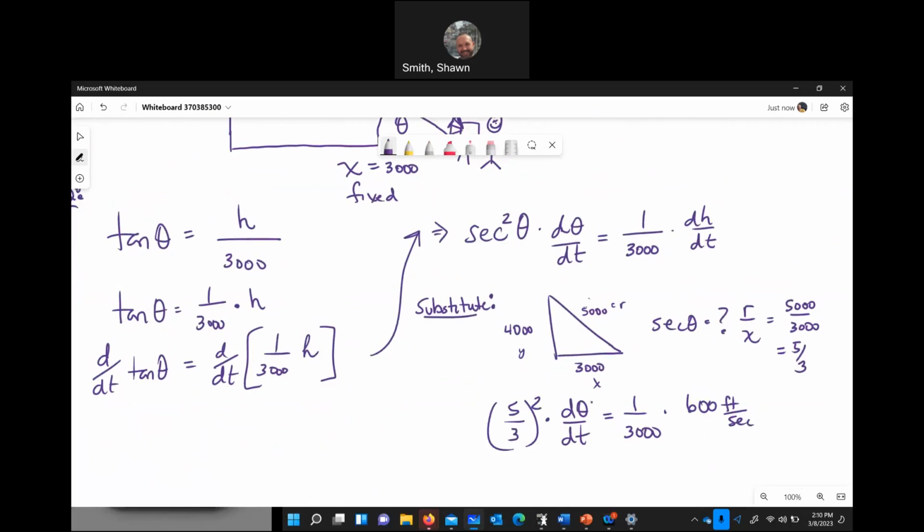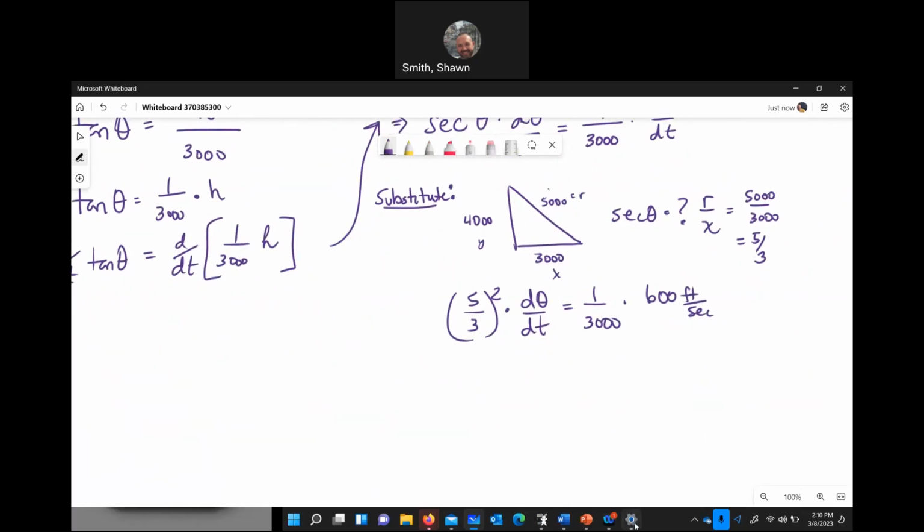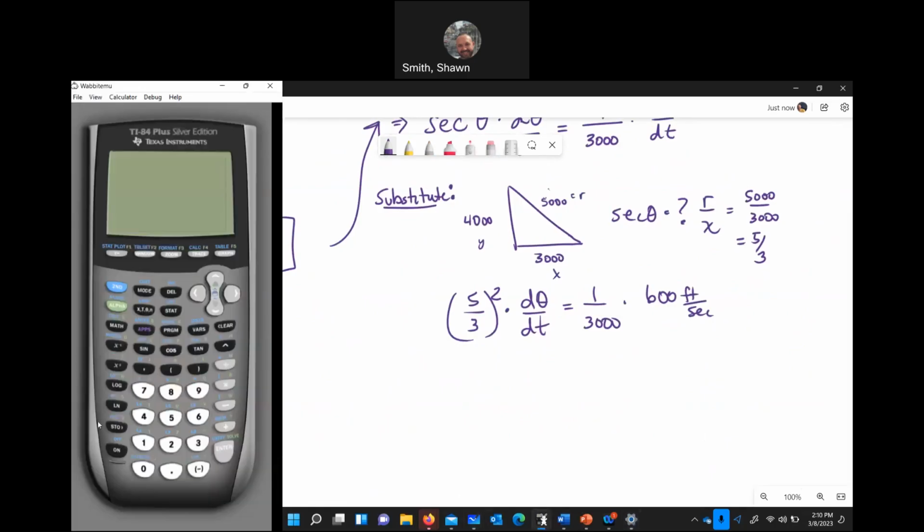A little math magic isolates d theta dt. On the right side, we got 600 divided by 3,000. All that's going to be divided by 25 ninths.